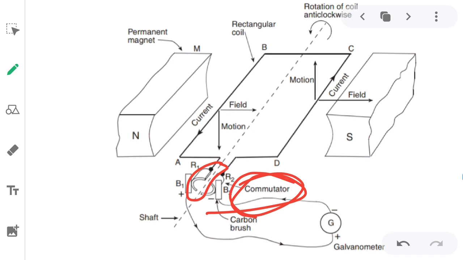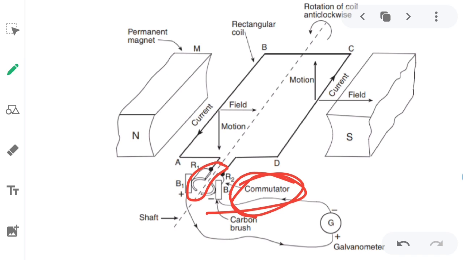So when we use slip rings, what happens?